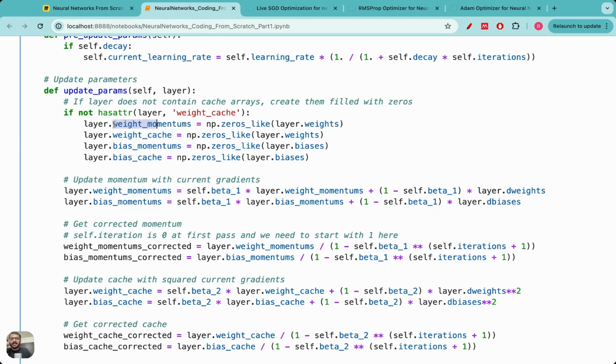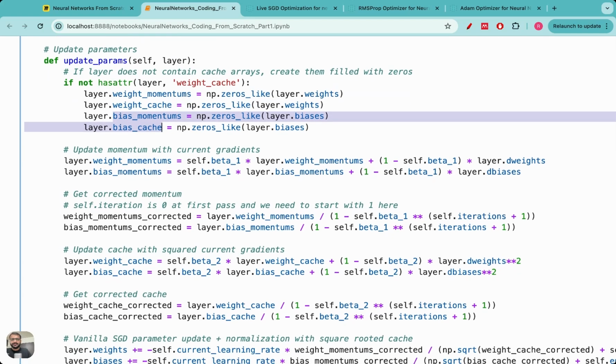So for the momentum term, it will have the same dimensions as the weights of the neural network, because every weight will have a momentum term associated with it. Similarly, the cache value has the same size as the number of weights in the neural network, because for every weight we are maintaining a cache. Remember, every weight has a different step size, right? So for every weight we are maintaining a cache value, and the same thing happens for bias also.